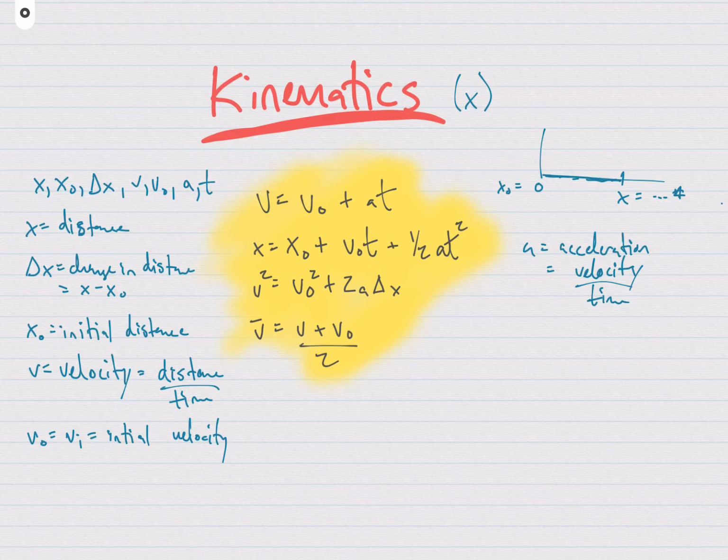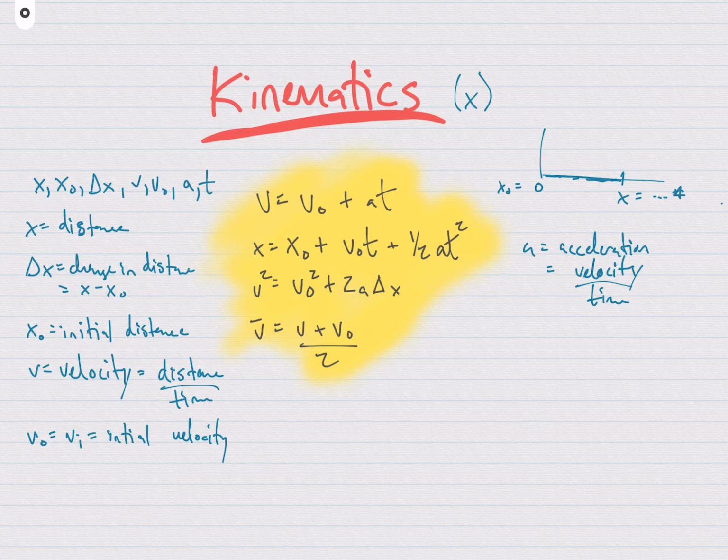So your velocity is changing over time. It's going from 0 to 30, which means that you're accelerating to get to the speed you're trying to obtain.